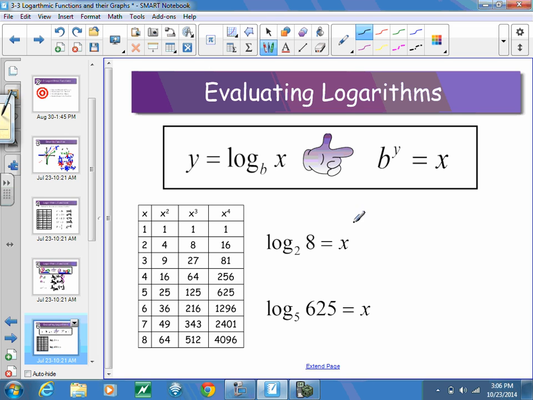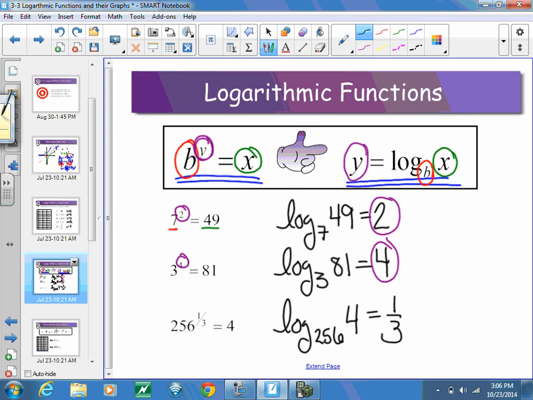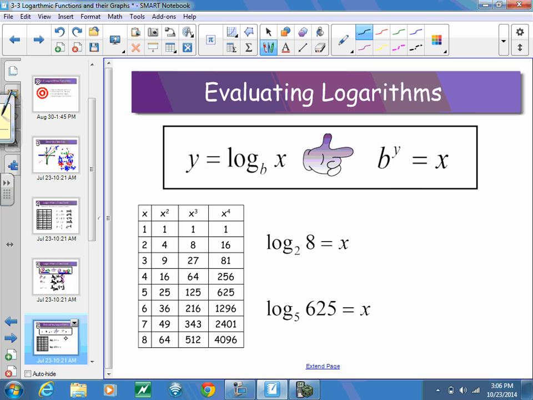So when you're trying to solve logarithms, when you see log base 2 of 8, you're like, oh my gosh, what do I do? Well, just like how we can take an exponential function and put it into a logarithmic function, we're going to do the reverse. We can go from logarithmic to exponential to make it a little bit easier on you.